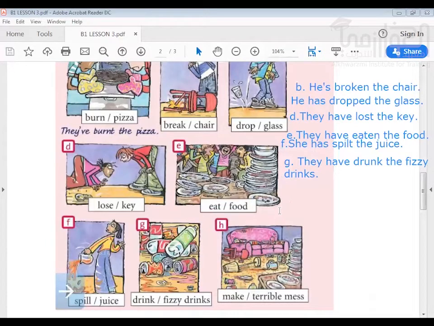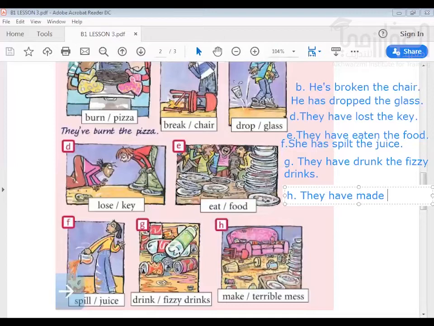And then H. Yes, H. So we have they, again. So this is H. H is what? They. And then they comes with have. They have, and then make, the verb 3 is what? Made. They have made, yes.